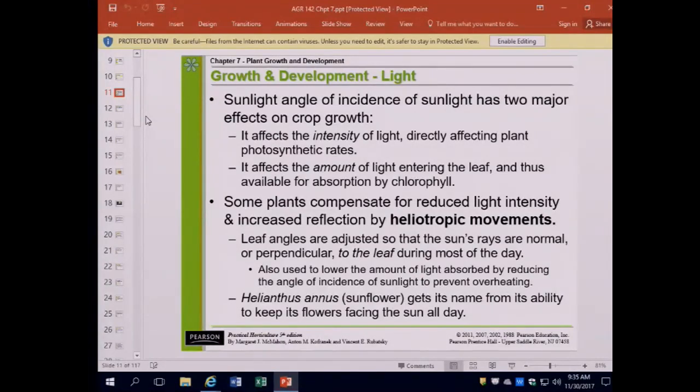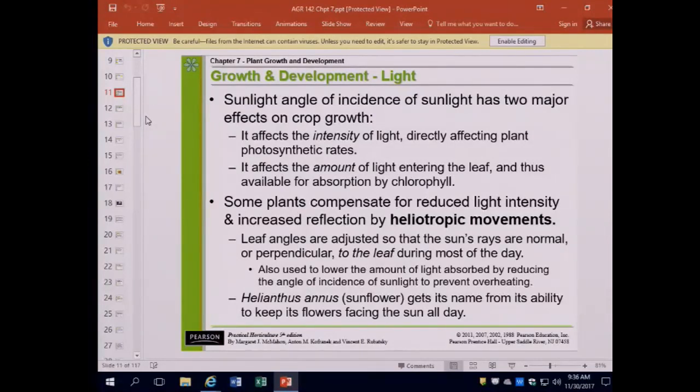So as we talk about this, a good example of a heliotropic movement is a plant that used to be done primarily as an ornamental, but it has become a significant commercial crop. And some of you have probably witnessed an acreage of sunflowers this past summer.